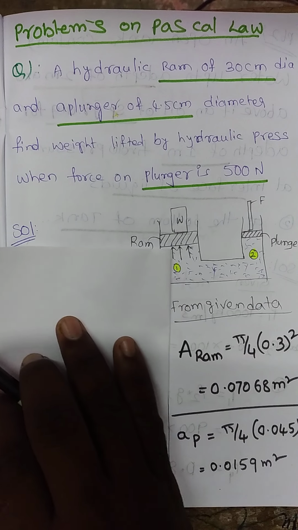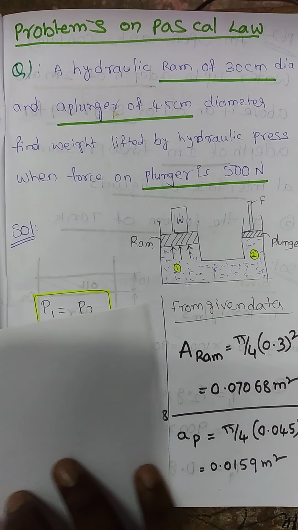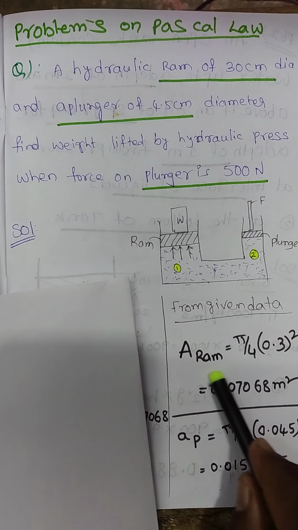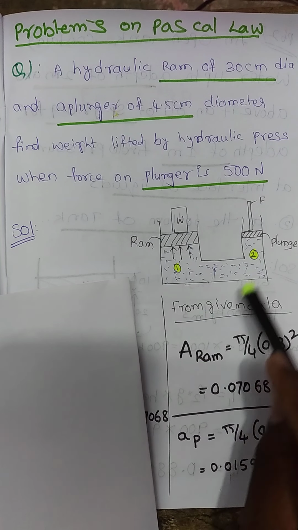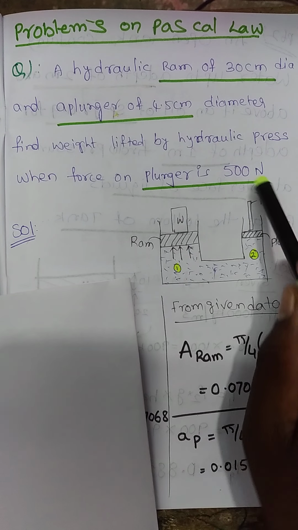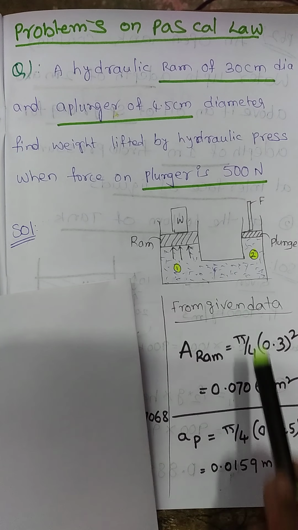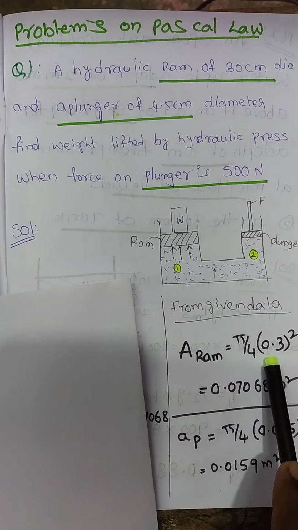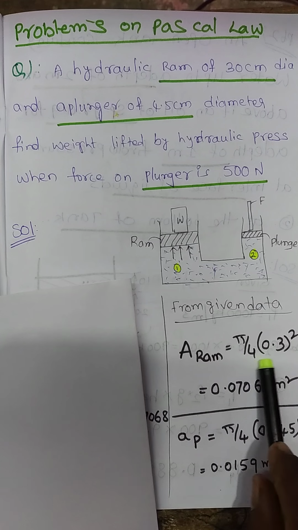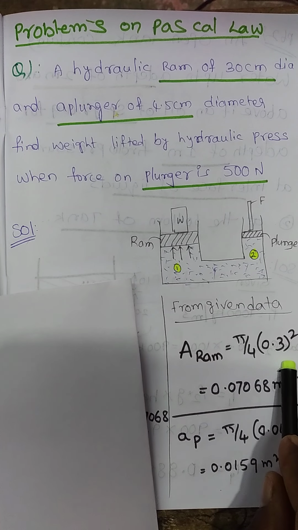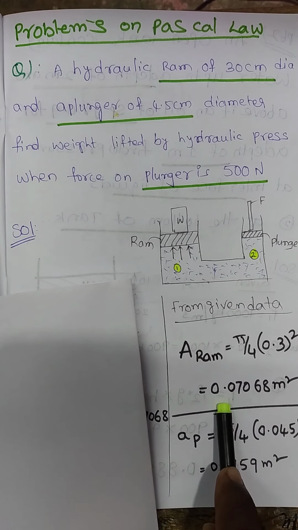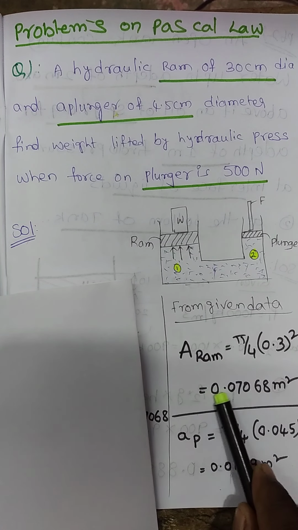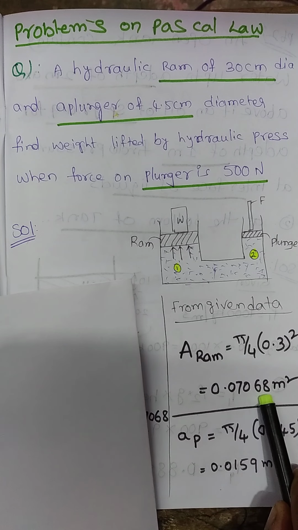First I wrote the given data here. What is the given data? Area of the ram, which is circular. How much diameter does the ram have? 30 centimeter diameter. If you convert it to meters, 0.3 meters. So pi by 4 into 0.3 whole square, pi by 4 into d square, gives the area of the ram, which, if you use a calculator, comes out to be 0.07068 meter square.